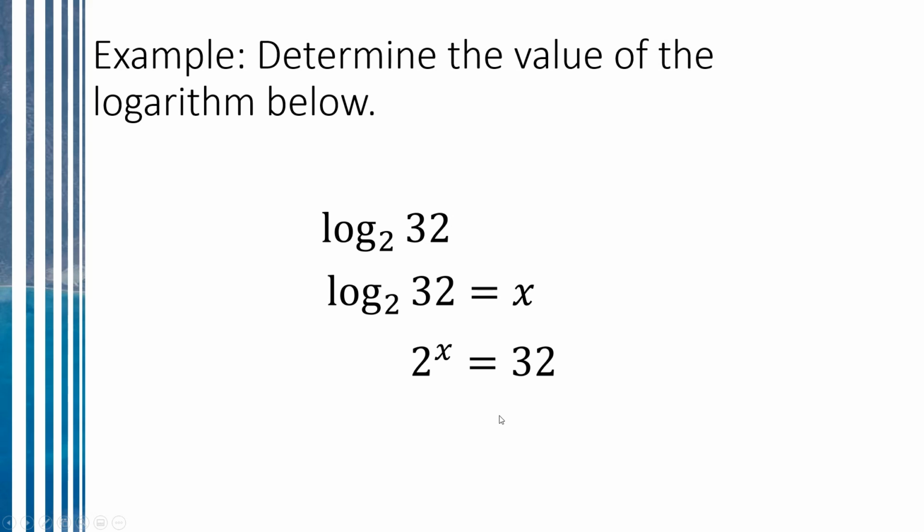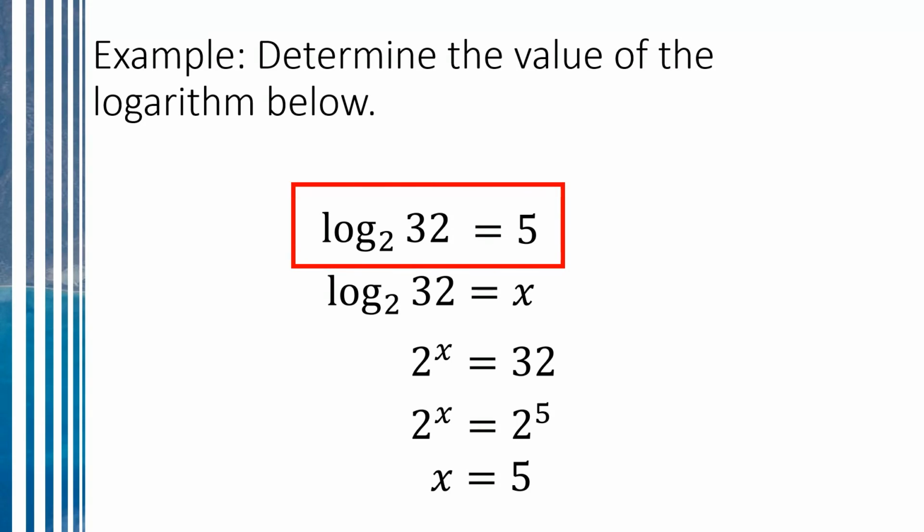So you have 2 raised to 5. By the way, 32 is equal to 2 raised to 5. We have 2 times 2 times 2 times 2 times 2 is equal to 32. Since they are now on the same base, we could say that x is equal to 5. Therefore, the logarithm of 32 to the base 2 is equal to 5, and that is our final answer.